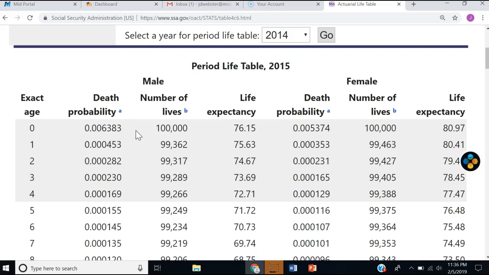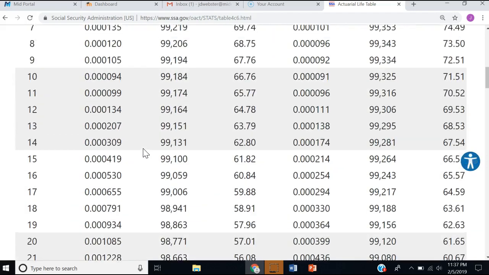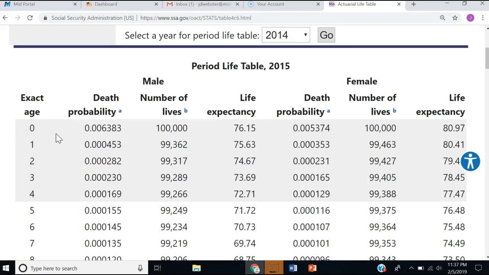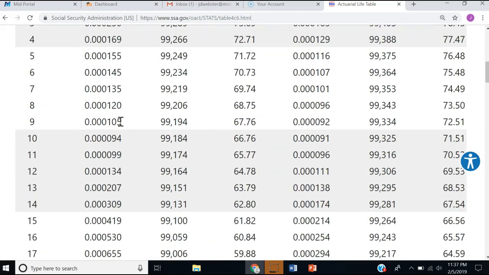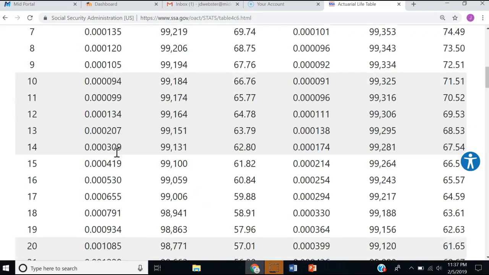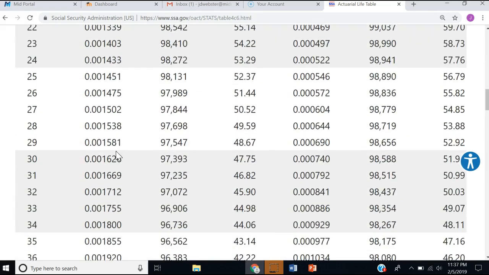So that's one thing you see, that females and males have different numbers. Also, you'll notice that when you're really young, age 0 has a fairly high death probability, but it starts going down until about the age of 10, and then after that it starts going back up.